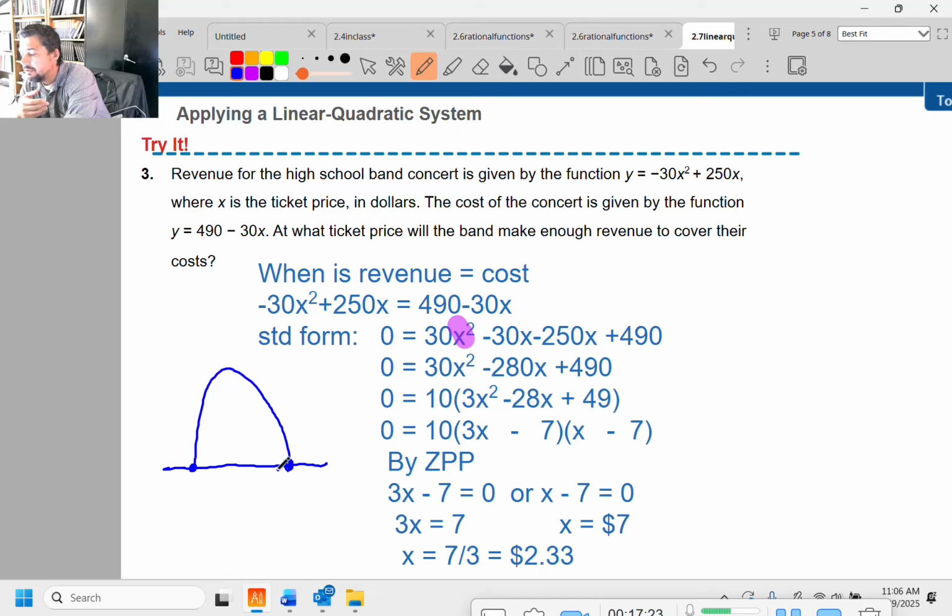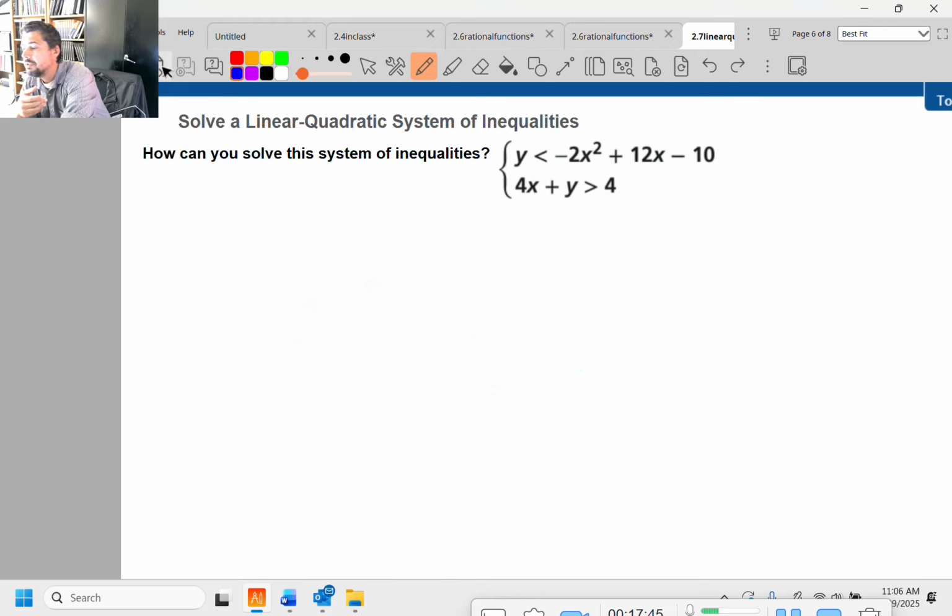At $7, you get some people to watch your show, but all you've done is cover your cost. You really want to be up here at what we call the vertex to maximize revenue. But that's break even, all right? In reality, somewhere half between is probably going to be, and that's exactly what it's going to be. Halfway between these two things is going to maximize the revenue, which is going to make profit.